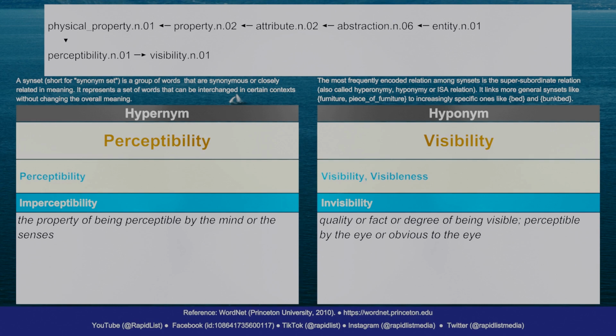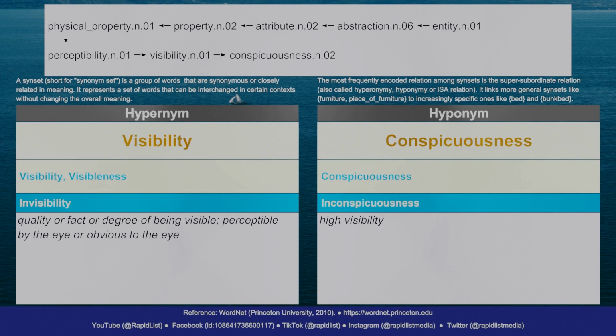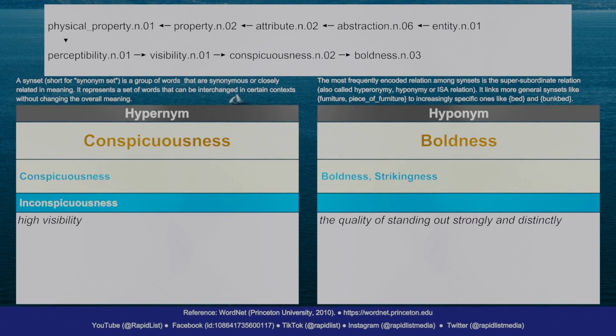Low visibility caused by fog. Conspicuousness. High visibility. Boldness. The quality of standing out strongly and distinctly.